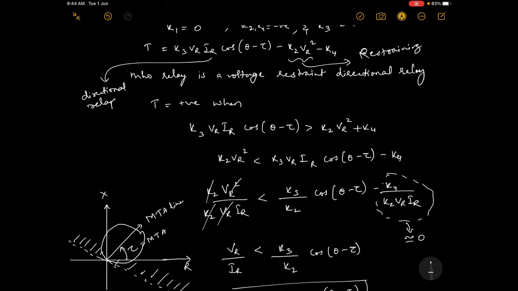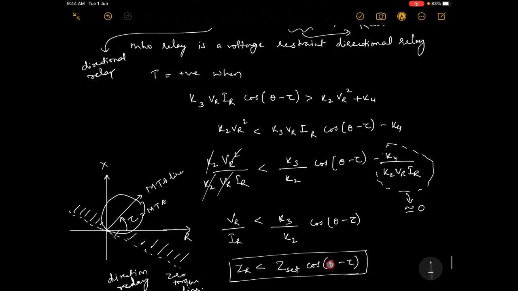As I already said, if you substitute different values of theta and tau here, it will be a circle because it is a cos. Cos is a complete cycle, so it will have a curve. Now you can see, since it is directional, whereas in the case of impedance it was covering all four quadrants, now the maximum portion is covered only in the first.